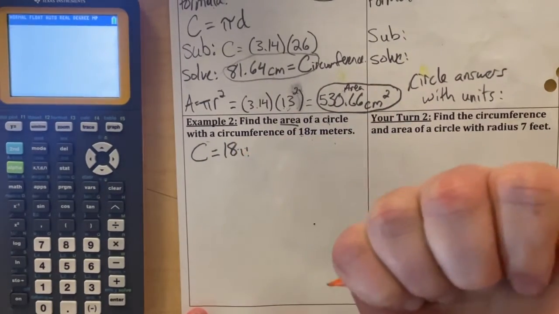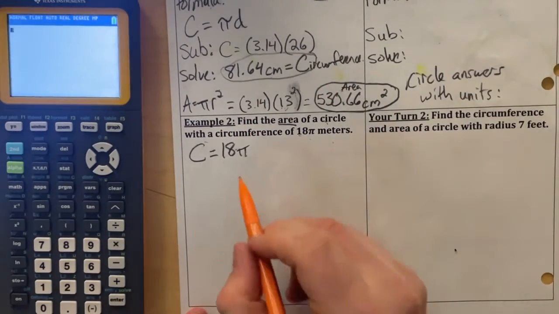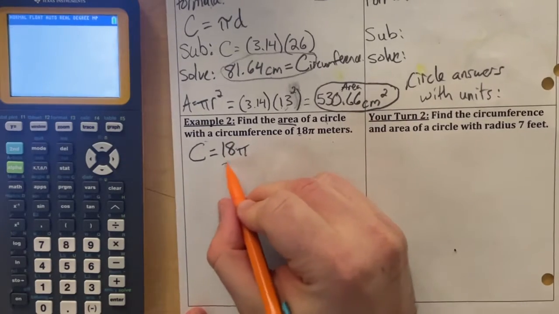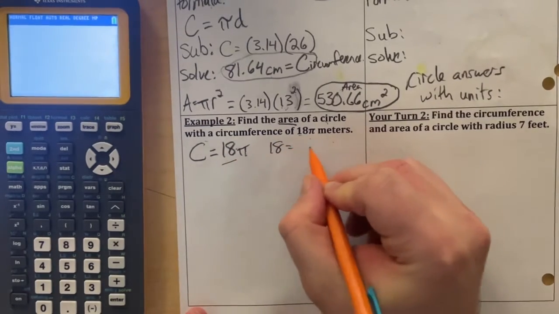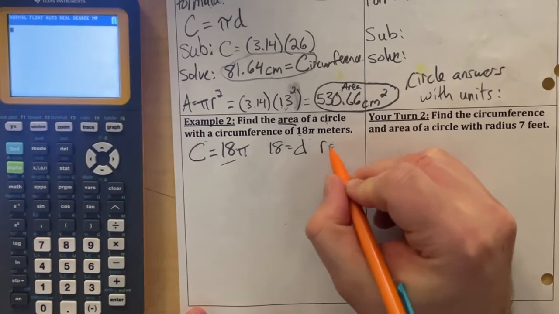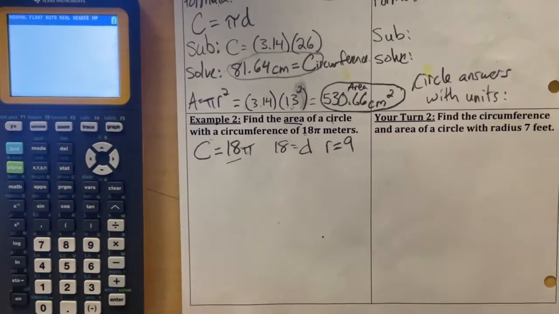And what does that tell us? Well, we know that the circumference is this, which, since it gives us this form, we can say, hey, that 18 is going to be our diameter, which means our radius is going to be half of that, so our radius is 9. So you can notice how I can kind of get different parts from that very simply.